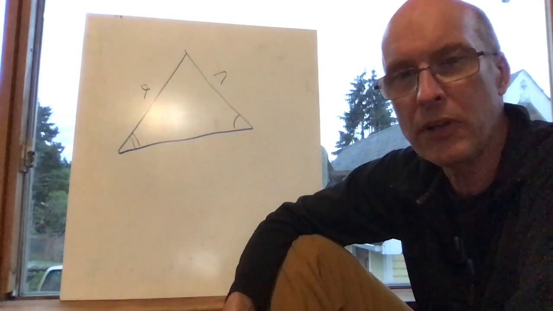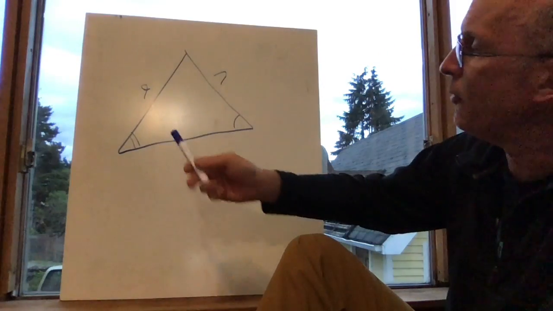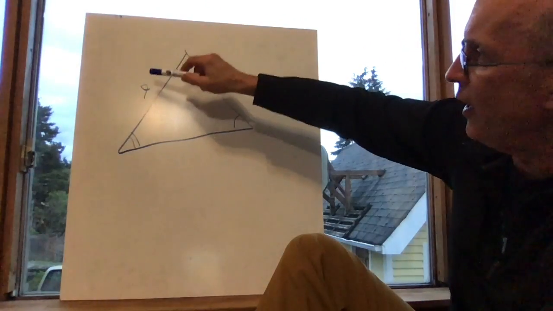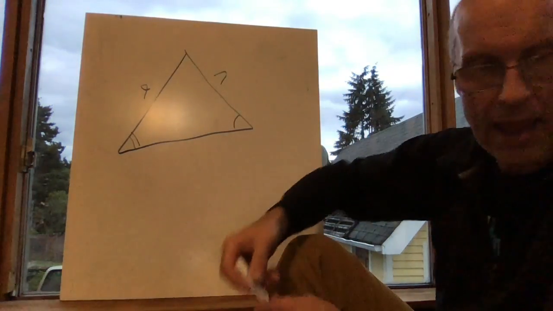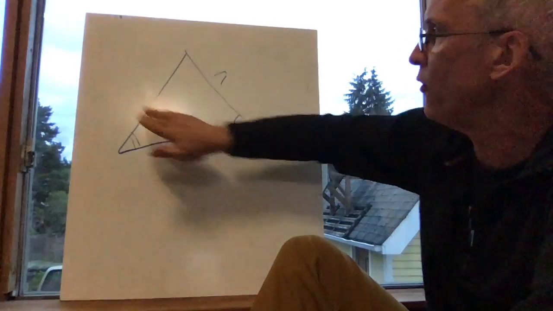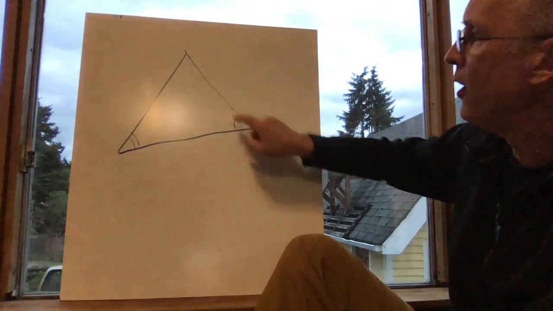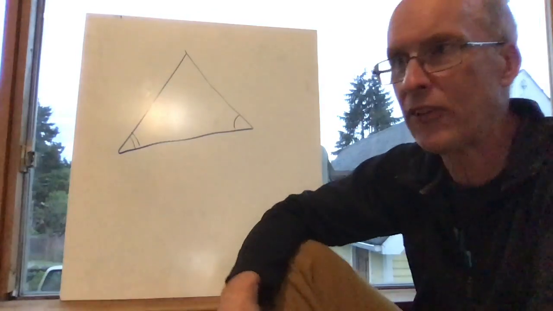Okay? That's what we learned a couple sections ago. We also learned the converse of that. If we know the angle instead, say we didn't know this, if we know that angle is bigger than that angle, then we know that side is going to be longer than that side. Okay?